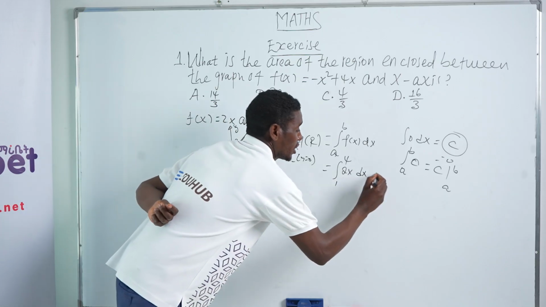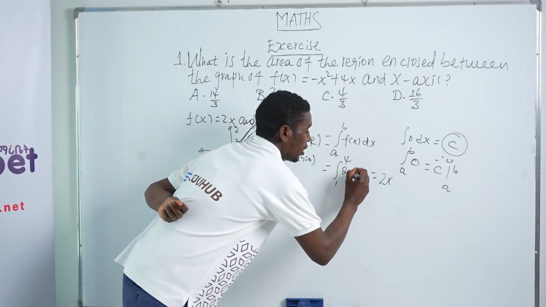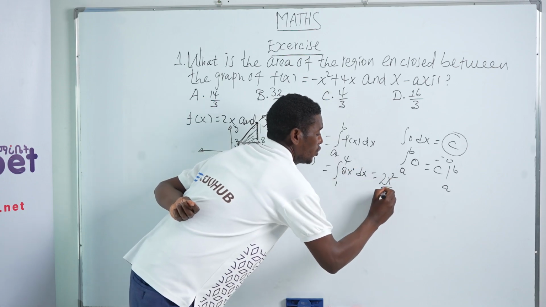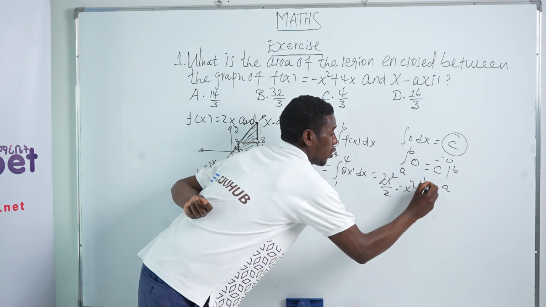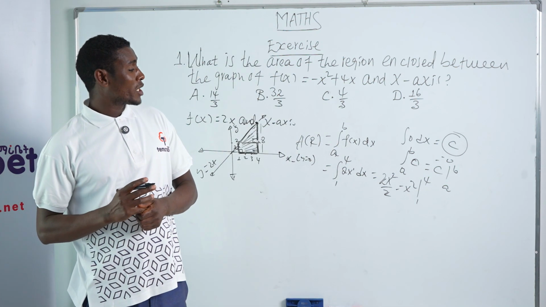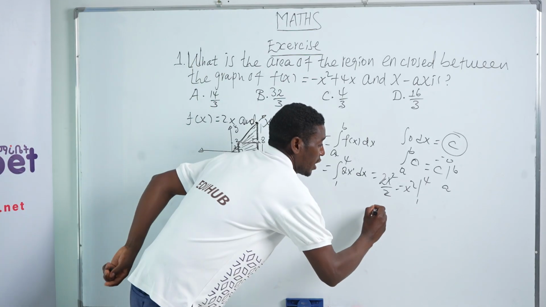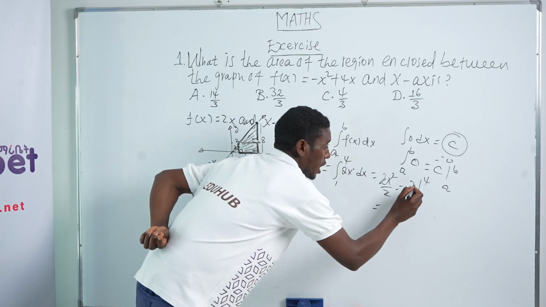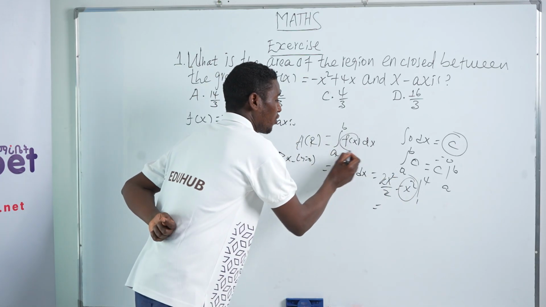So the integral of 2x, as you know, using the power rule, is 2x to the power of 1 plus 1 is 2, over 2. That's 2 by 2 equals 1. So x squared from 1 to 4. After that, applying the fundamental theorem of calculus, that is F of b minus F of a, where capital F of x is the antiderivative of f of x.